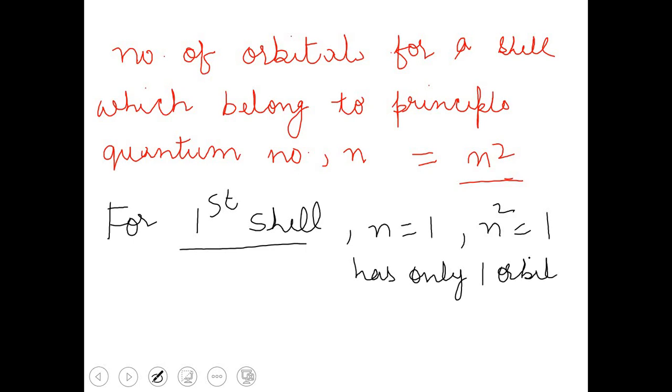And you know what that orbital is? That orbital is 1s. So the first shell consists of only 1 orbital, which is named 1s.